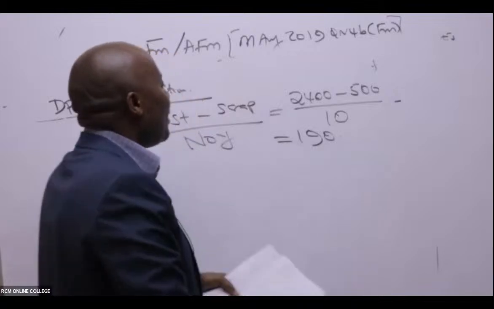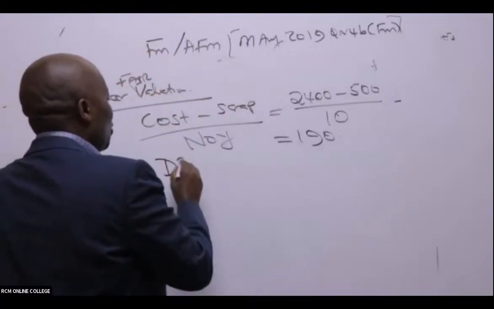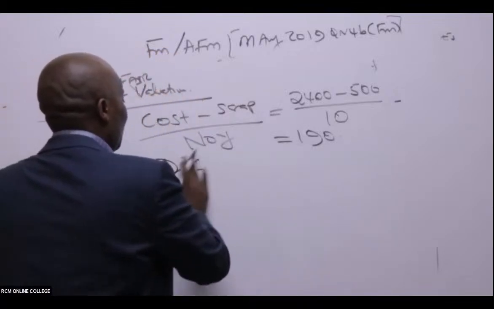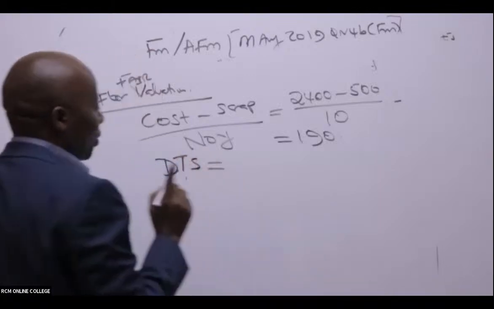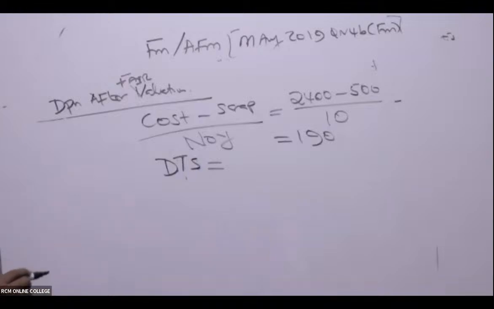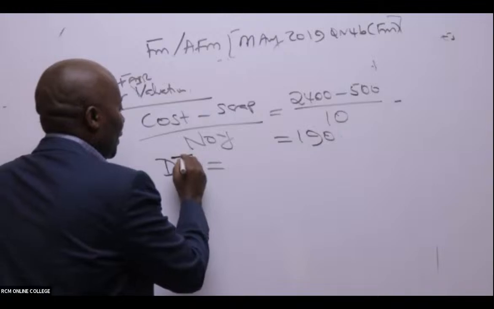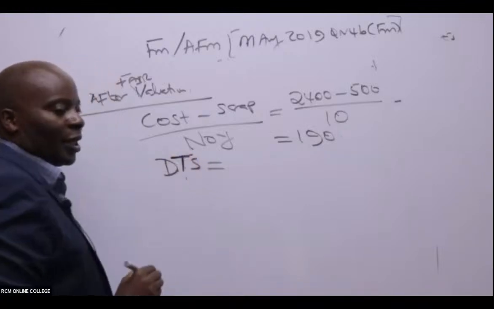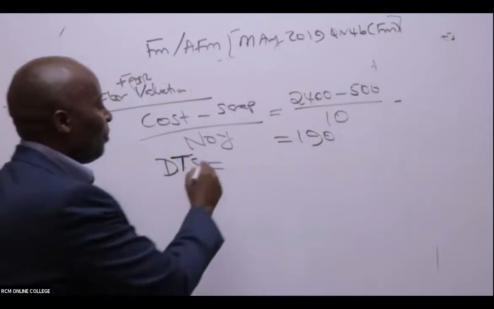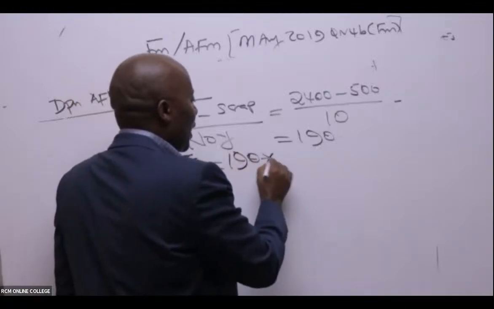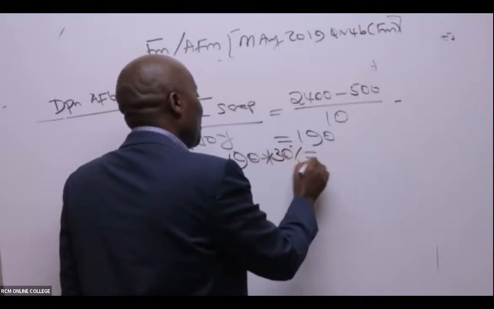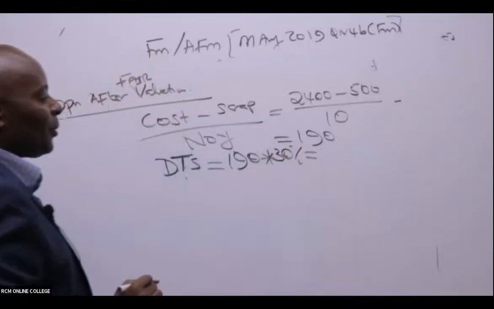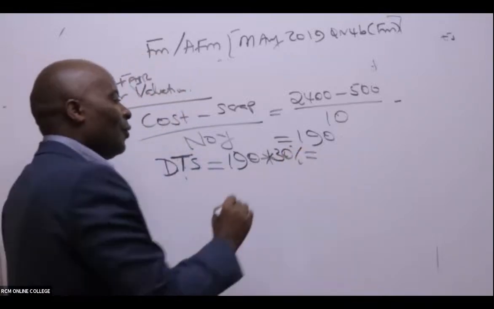So then go ahead and give me the depreciation tax shield. Is there somebody who is able to give me this? So it will be this 190 times 30%, which I'm being given as 57.